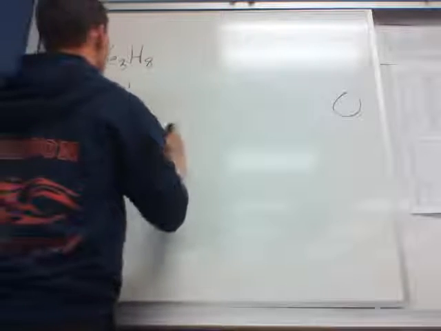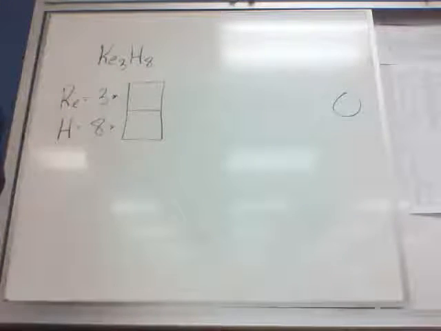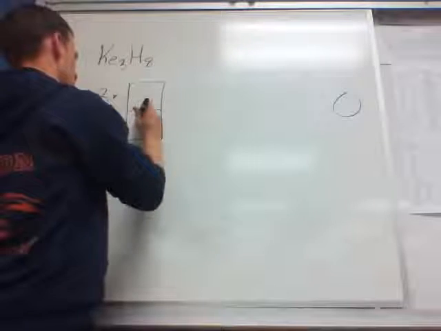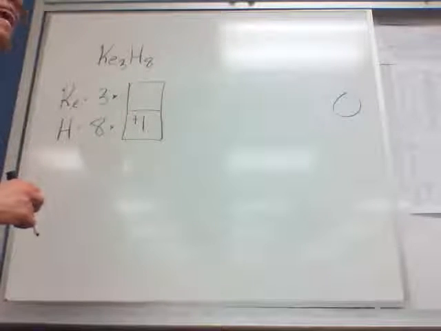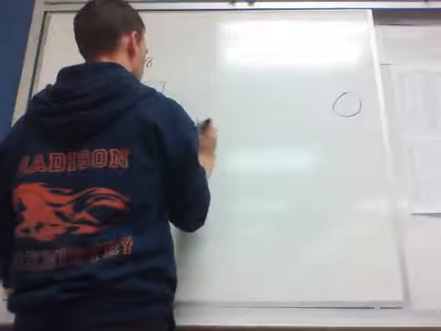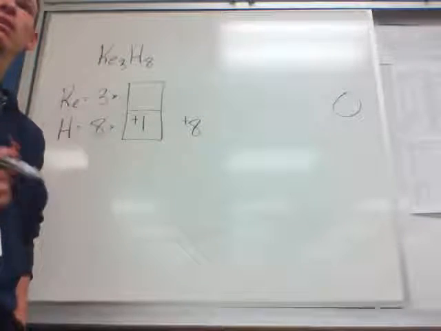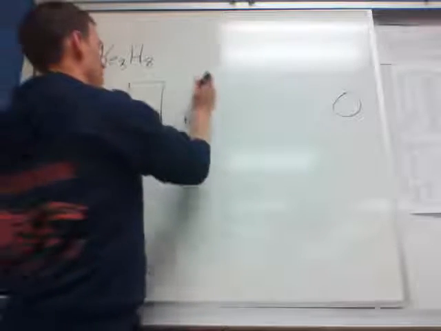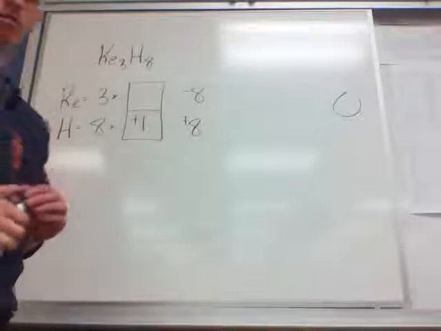We want oxidation states. Which one are we sure of? Hydrogen. 8 times plus 1 is plus 8. What's the other number that we need? Minus 8 to get to 0. Everybody cool with that? I'm sure you see our problem.